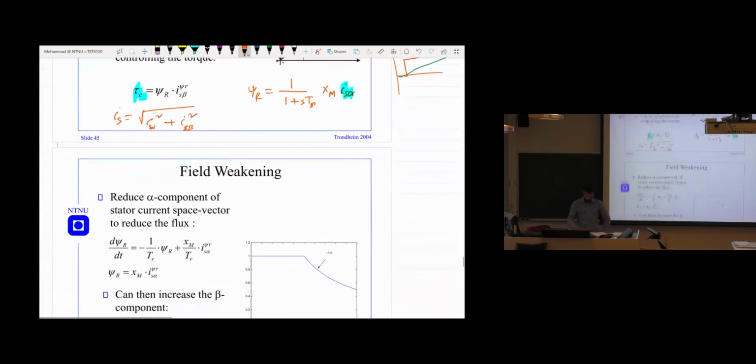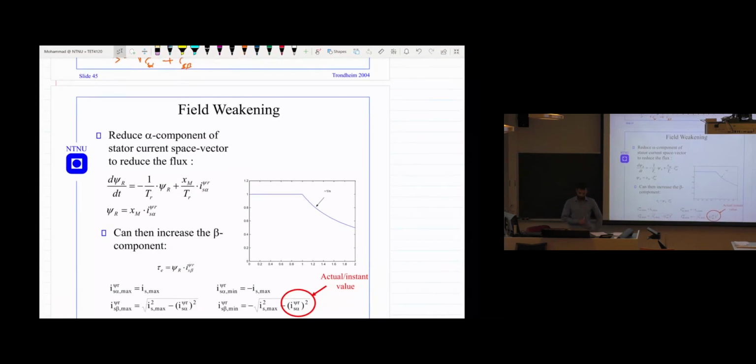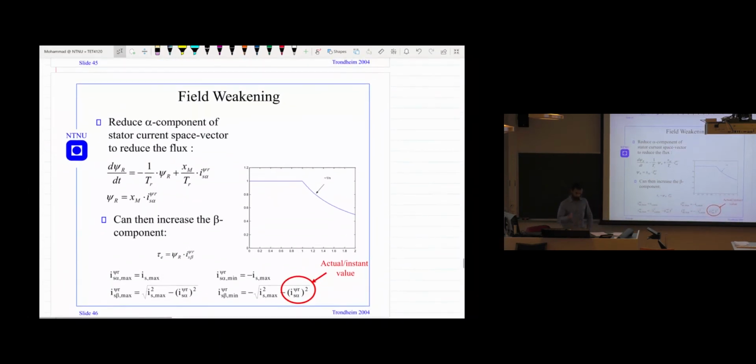And then later, we also want to see the field weakening and what is happening in the field weakening. Yeah, before that, I also want to say one thing: when you start the machine, there is no field in the rotor because it's not a magnet; it's a solid bar. So we can first supply all the current to magnetize the machine. We can apply the maximum current, alpha component, to magnetize the machine.